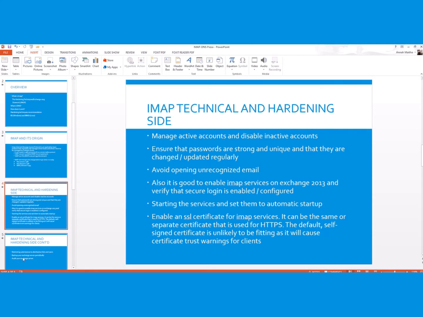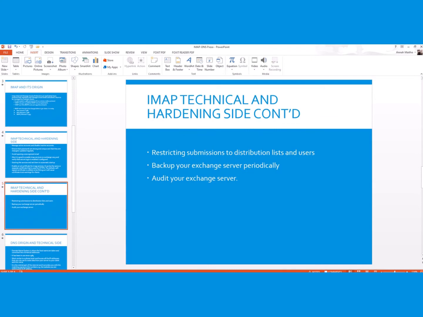Also, you want to restrict submissions to distribution lists and backup your Exchange server periodically. Also, make sure that you keep an audit of your Exchange server.